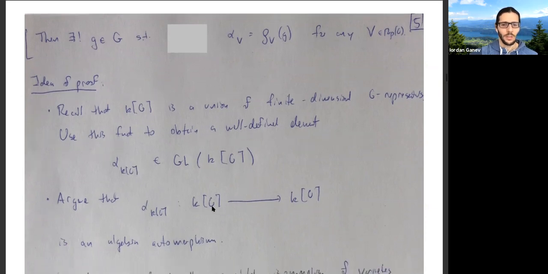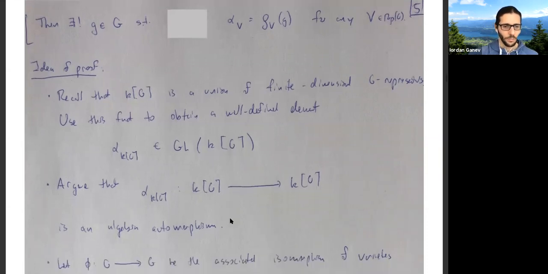Okay, so this gives us a linear map. In fact, it has to be an invertible linear map from the affine algebra to itself. And the next step is to argue that this is in fact an algebra automorphism, so it respects the algebra structures. And that comes from just using some of these properties of the alphas, especially A and B. Okay, so that's an algebra automorphism.